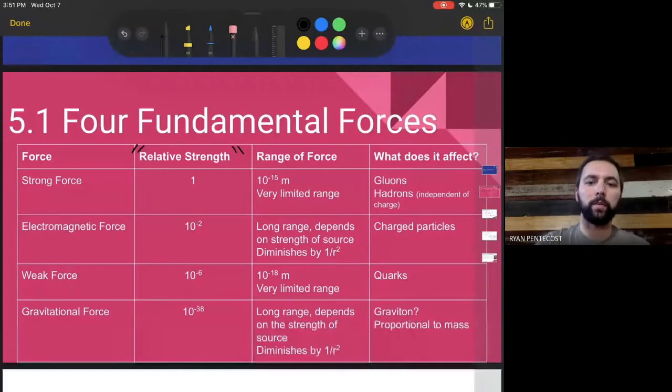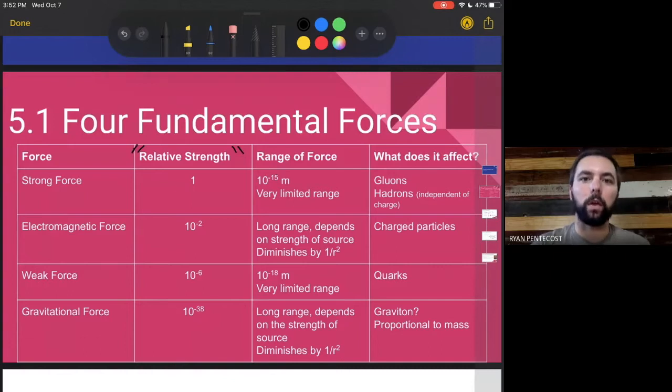This is not something that we are working on 10 to the negative 15th meters. 10 to the negative 15th meters is a femtometer, and a femtometer is about the size of a proton or a neutron. So what this does is this affects particles called gluons and hadrons.